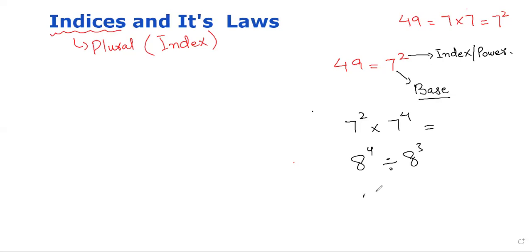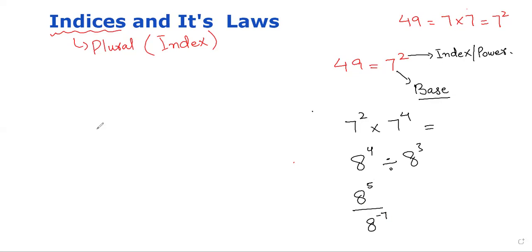Like 8 to the power 5 and 8 to the power minus 7, how would you operate this? These all things we will try to cover in this unit, in this one lecture only. I will try my best कि एक ही lecture में सारी चीजें cover हो जाए.